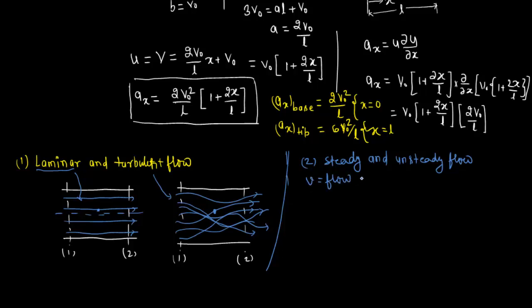If the flow is steady, this velocity will not vary with respect to time. There is no change of velocity with respect to time, meaning over the time intervals the velocity remains the same. So if there is no variation of flow parameters over the time interval, we define the flow as steady flow.